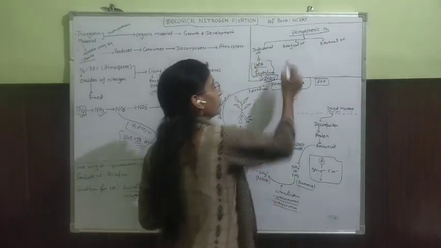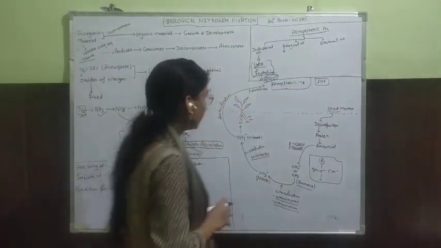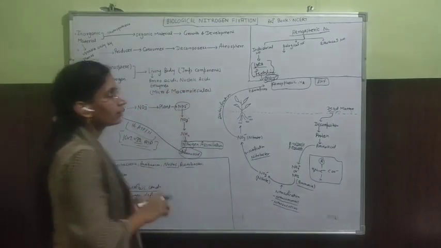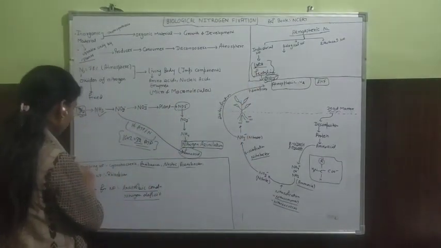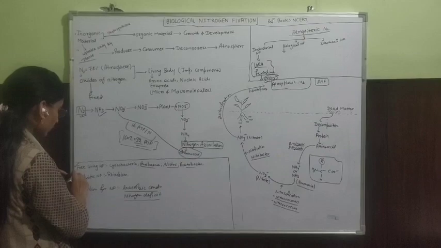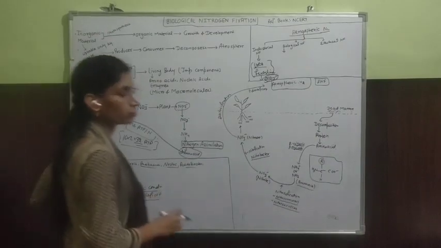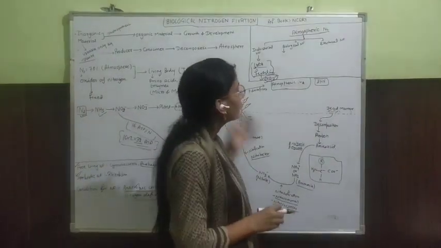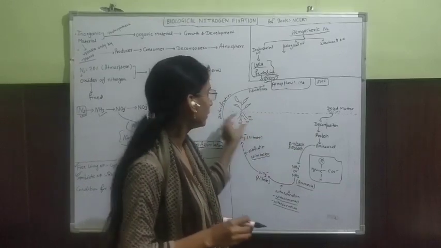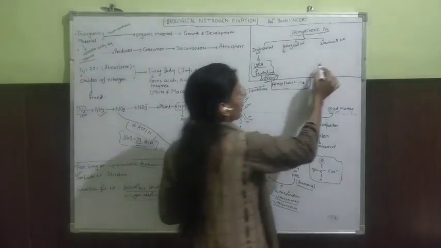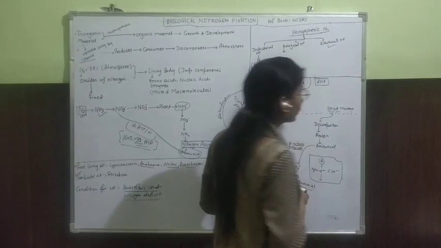So next is the biological nitrogen fixation. In the biological nitrogen fixation, we are talking here about free living nitrogen fixation and symbiotic nitrogen fixation. So these bacteria help in fixation of nitrogen by the plant. The next one is the electrical nitrogen fixation.